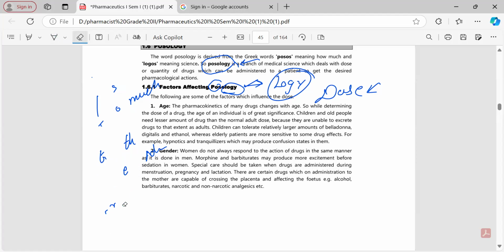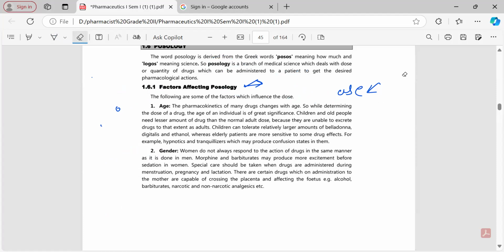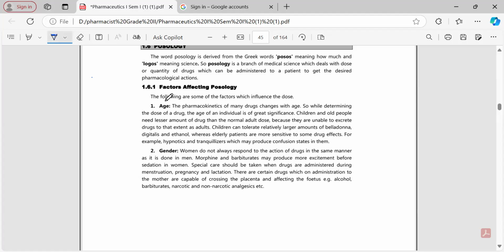Let's see one by one the factors affecting posology. Then we can see the calculation part in detail. Okay, so the first factor of posology is very important. That is the age of the patient. Depending on the age of the patient, a lot of dosage forms, frequencies, and strengths are changed. Age is one of the important factors in governing the dosage form.